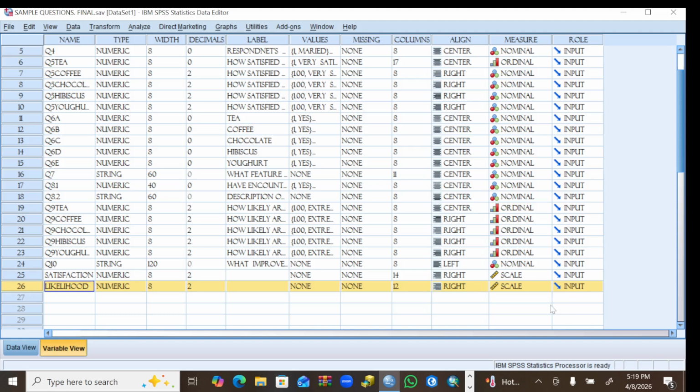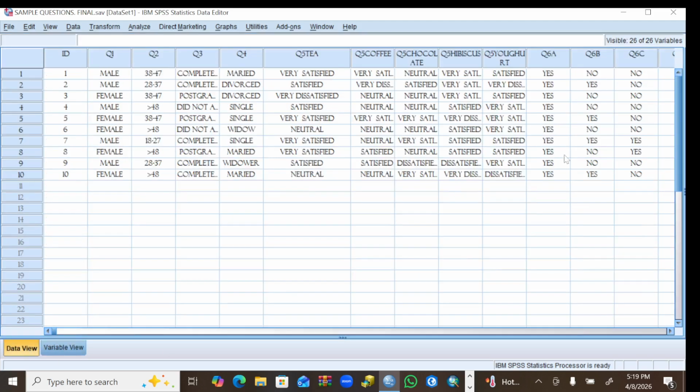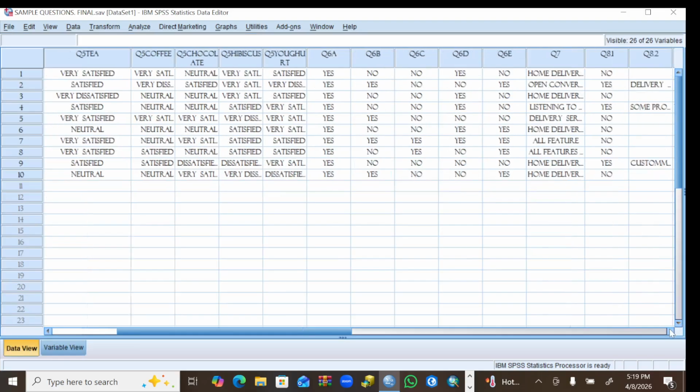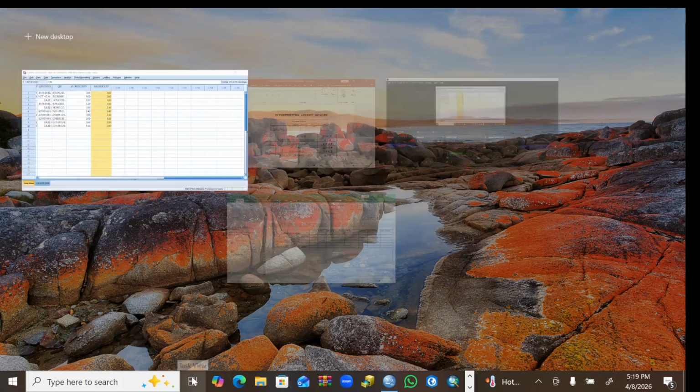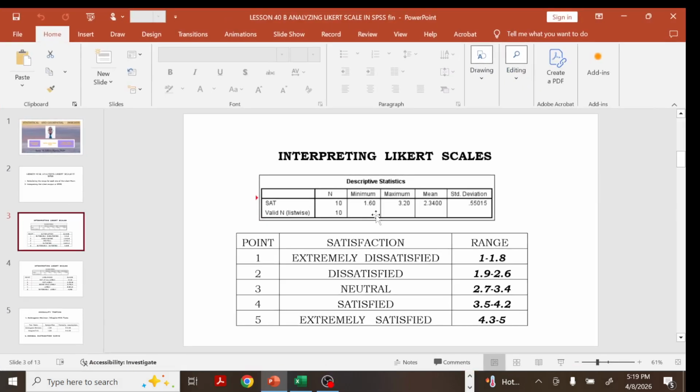You can see we converted them into scale questions. So in the data view, you can see these are the two scale questions for satisfaction and the likelihood. And after that, we converted these two scales into descriptive statistics that can be described by the minimum, the maximum, the mean and the standard deviation.